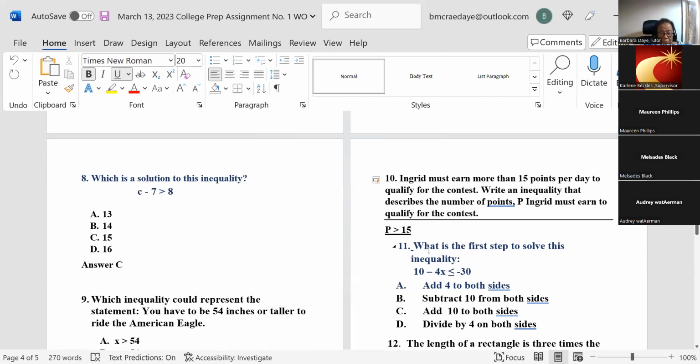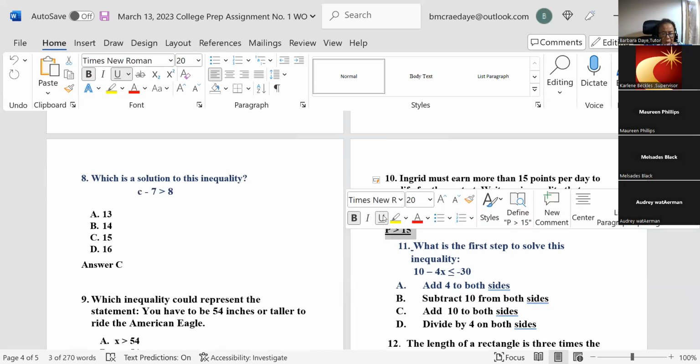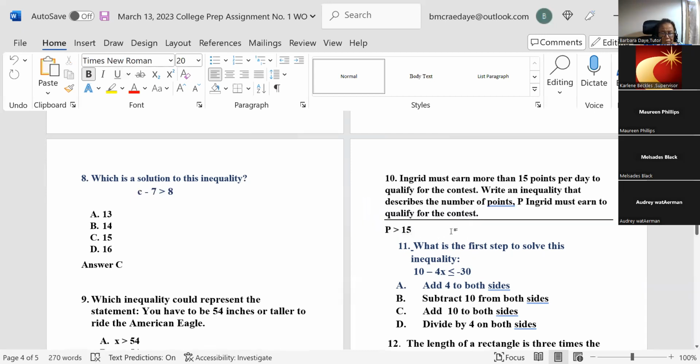Oh, I have the wrong sign. You had, Mercedes, you had greater than or equal. Yeah. Maybe I misunderstood the question.